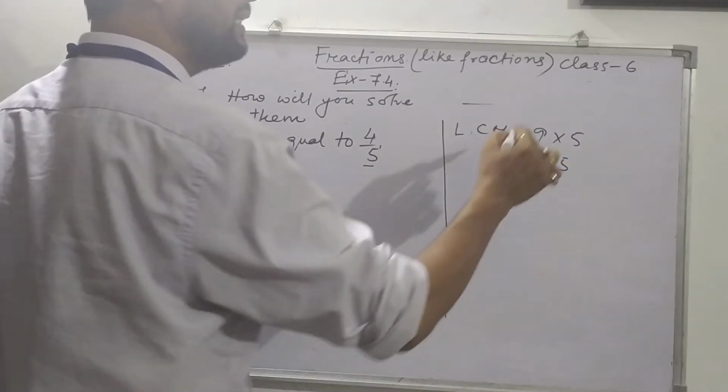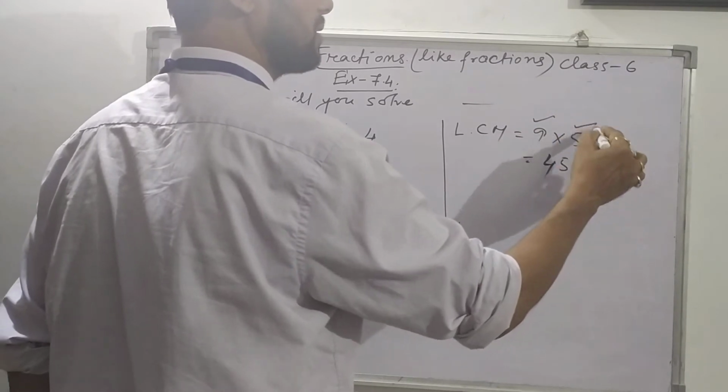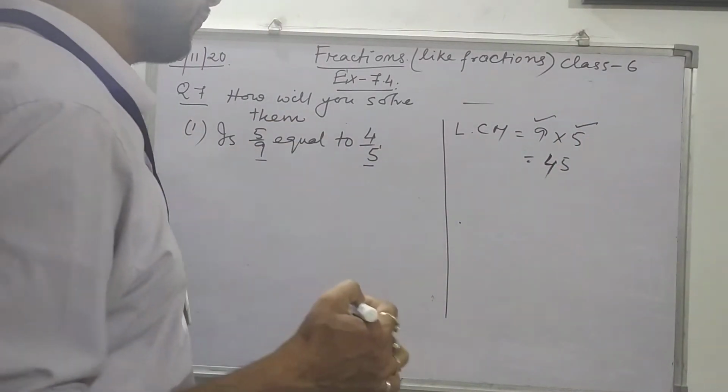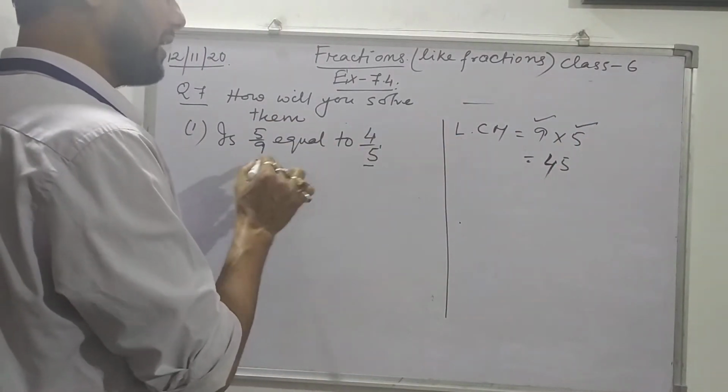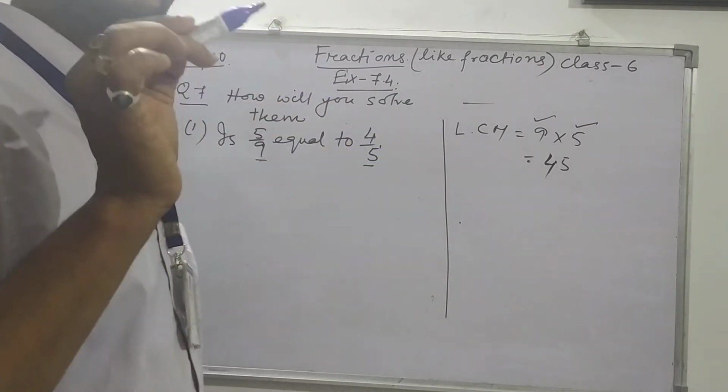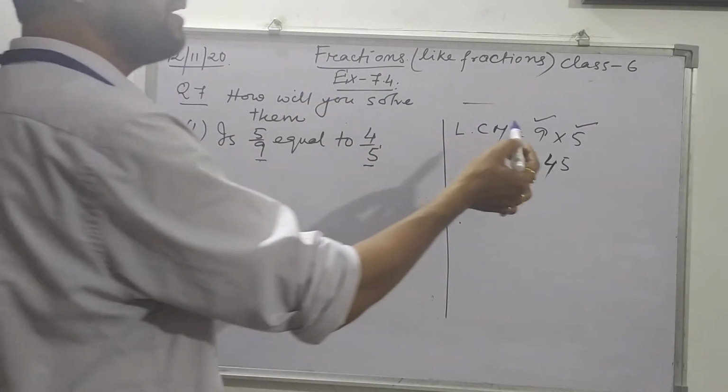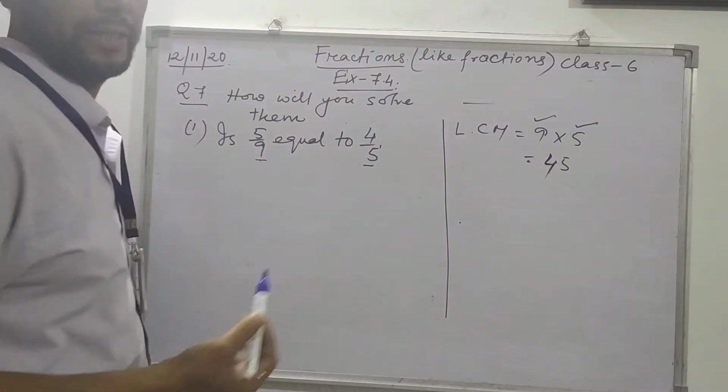Because one is a composite number and another is a prime number. In that case, we simply multiply the denominators.